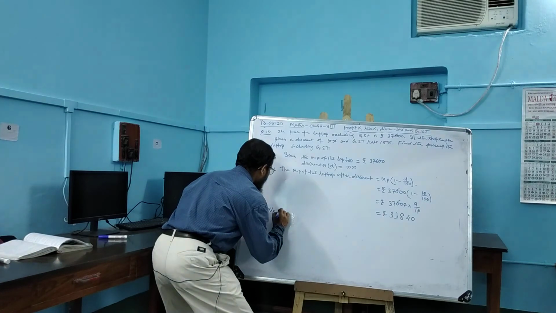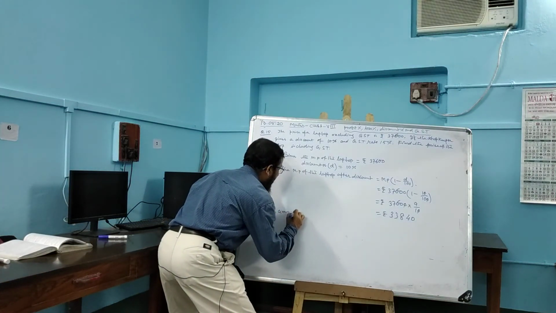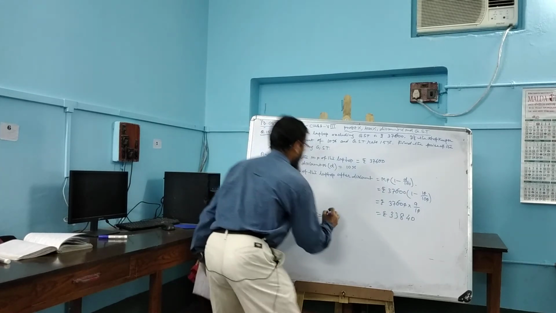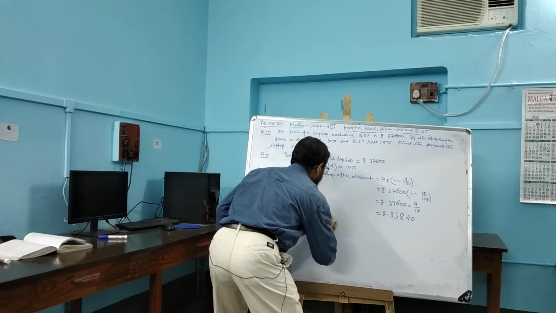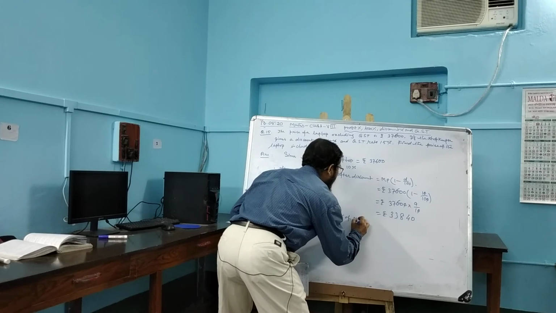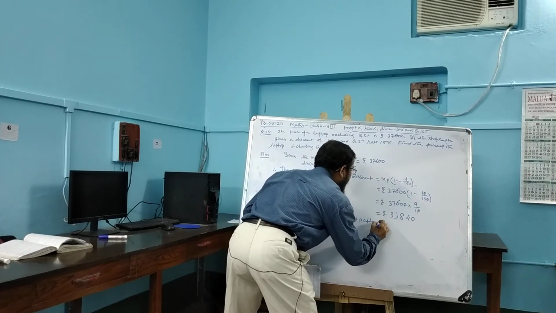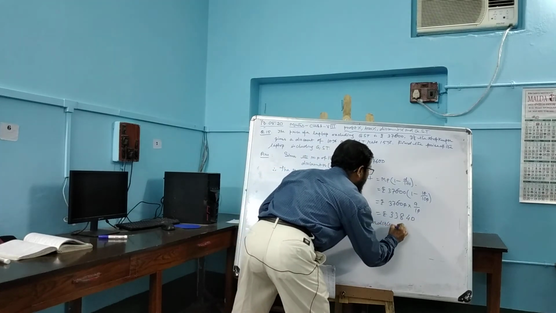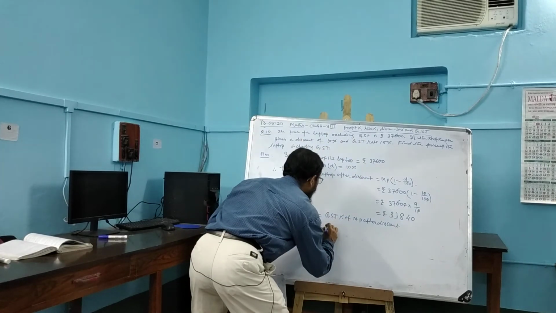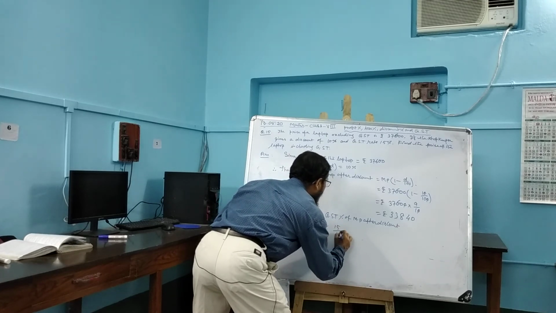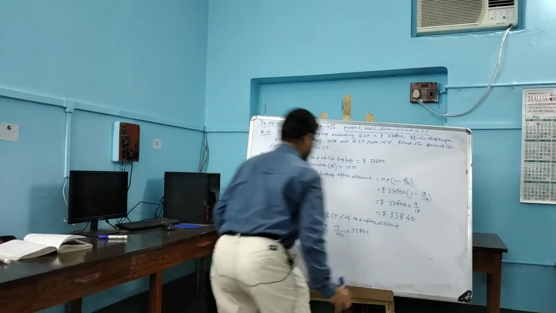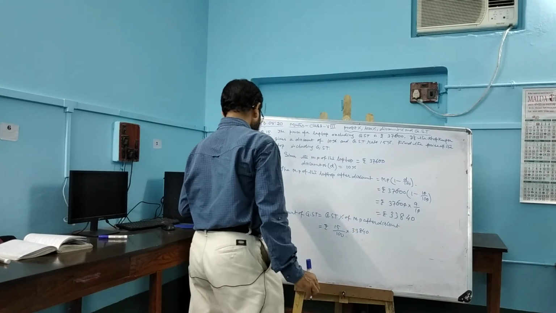Therefore, the amount of GST equal to GST percent of MP after discount. This equal to GST percent 15 by 100 into 33840.